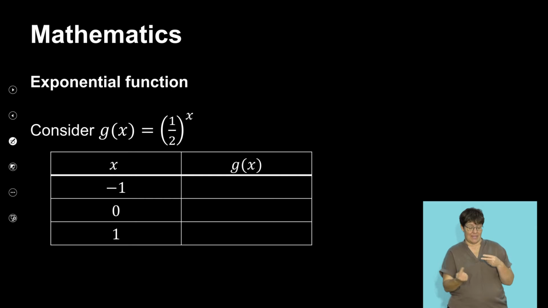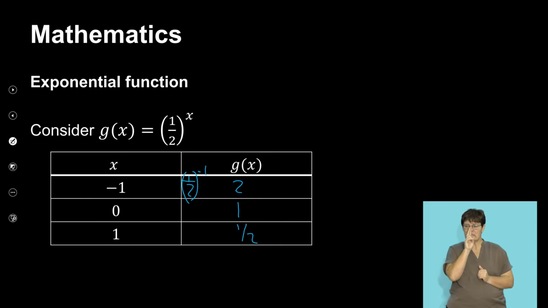Now, another type of an exponential graph will be where the b value is a fraction, right, between 0 and 1. Same concept. If I substitute -1 there, this will give me 2. If I substitute 0 for the x there, it will give me 1. And then lastly, if I substitute 1, it will then give me 1 over 2.